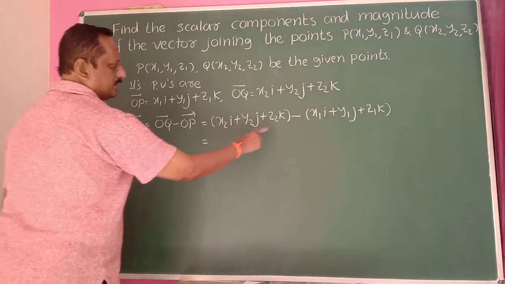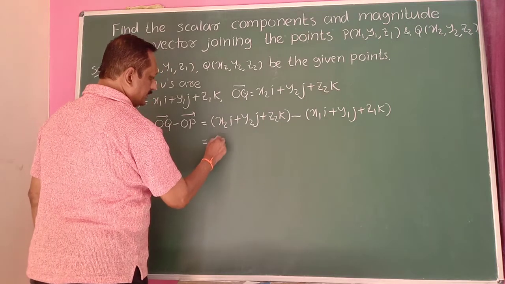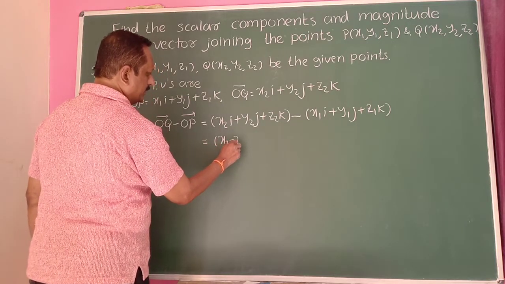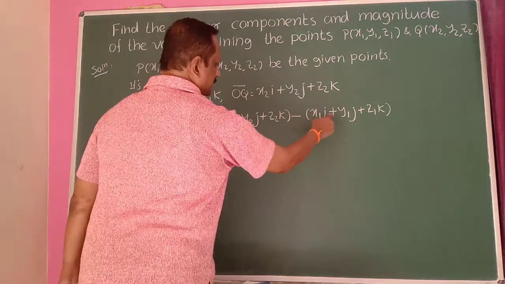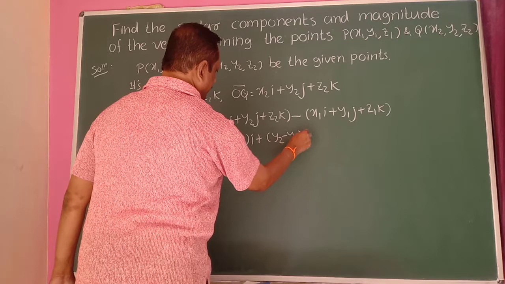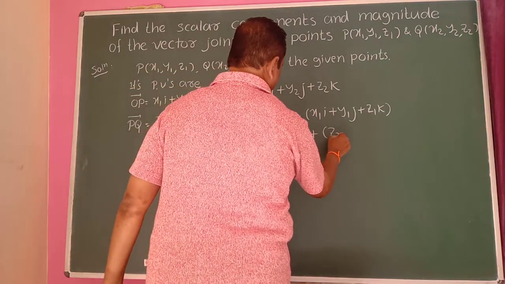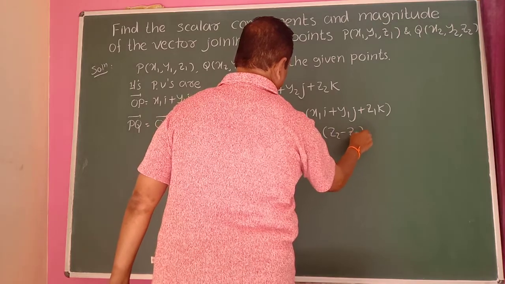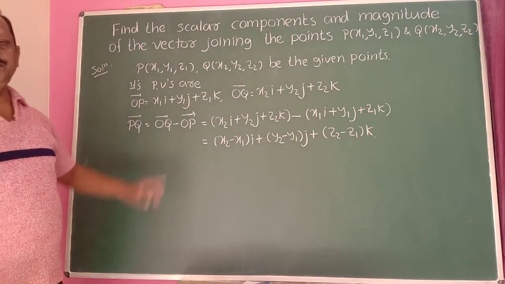Therefore this equals x2 minus x1 into i plus y2 minus y1 into j plus z2 minus z1 into k. So this is the vector joining the points P and Q.